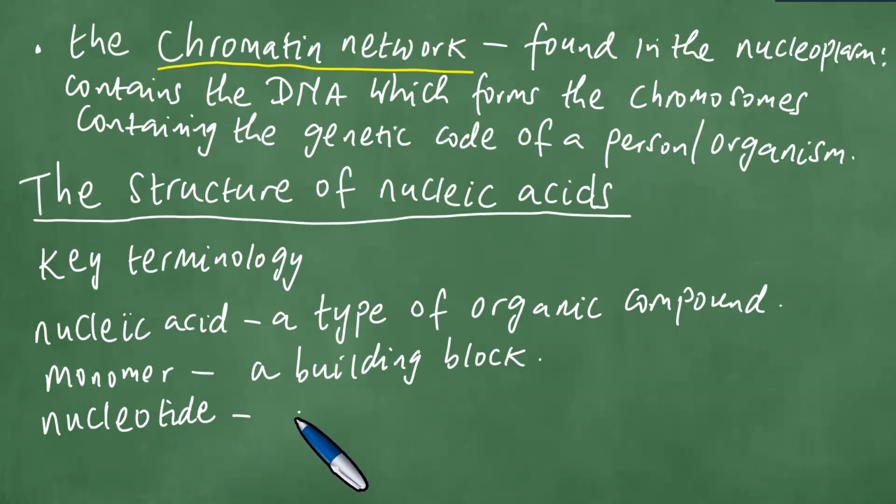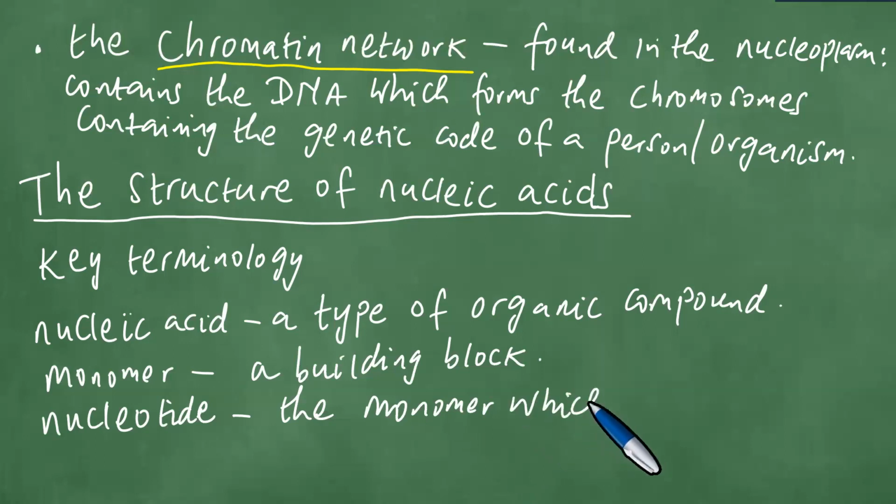Obviously a nucleotide is a monomer. This monomer is a building block. It's like a brick. So a nucleotide is the monomer which forms DNA and RNA.